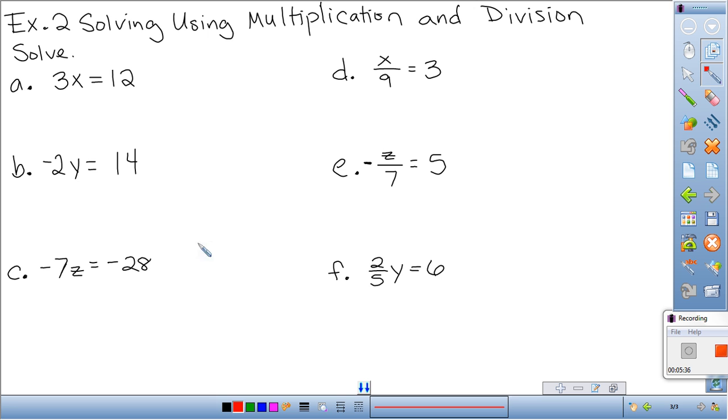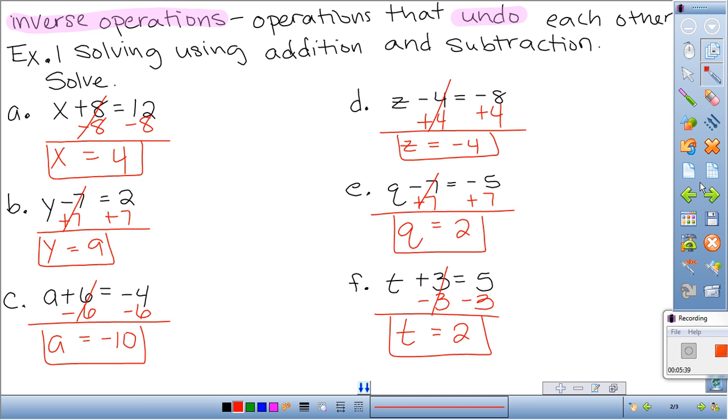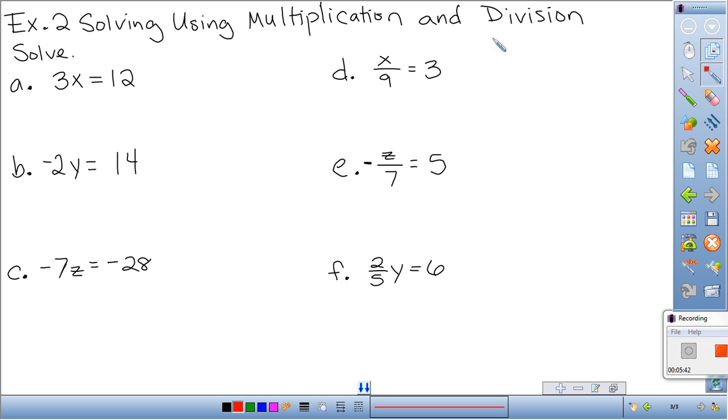All right, let's try some different ones. Now, all of these were adding and subtracting, so let's look at multiplication and division. Again, we're just doing inverse operations. You do the opposite of whatever is happening to x. So here, this is 3 times x. The opposite of multiplying is to divide both sides by 3.